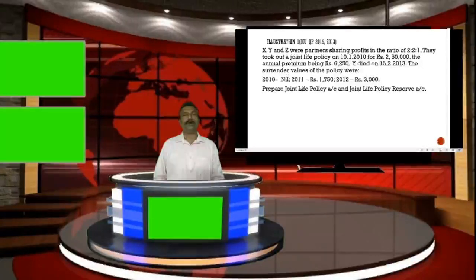They took out a joint life policy on 10/1/2010 for rupees 2,50,000. The annual premium being rupees 6,250. Y died on 15/2/2013.